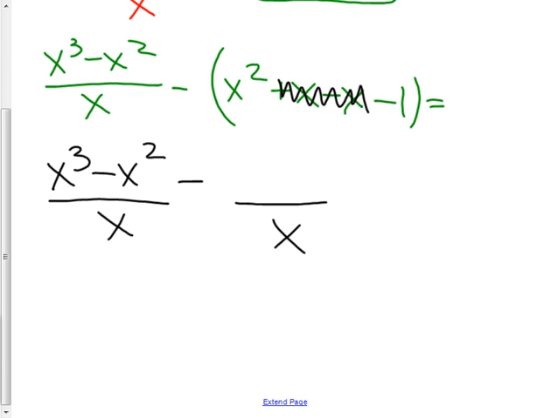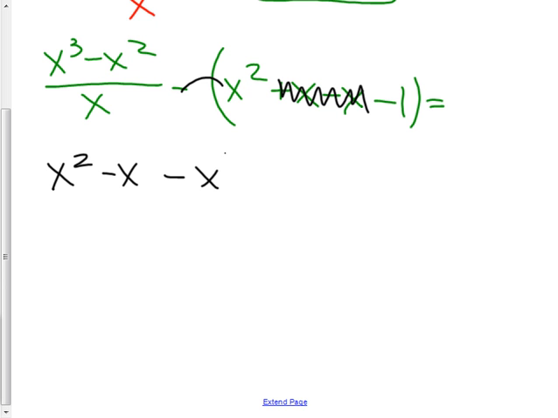One you could, yeah. Do you want to do it that way? Okay. So then we'll keep this part, and you just want to cancel up here. So we'll have x squared minus x. That's a good idea. I just did it the roundabout way. So then this negative I have to distribute to both of my terms.